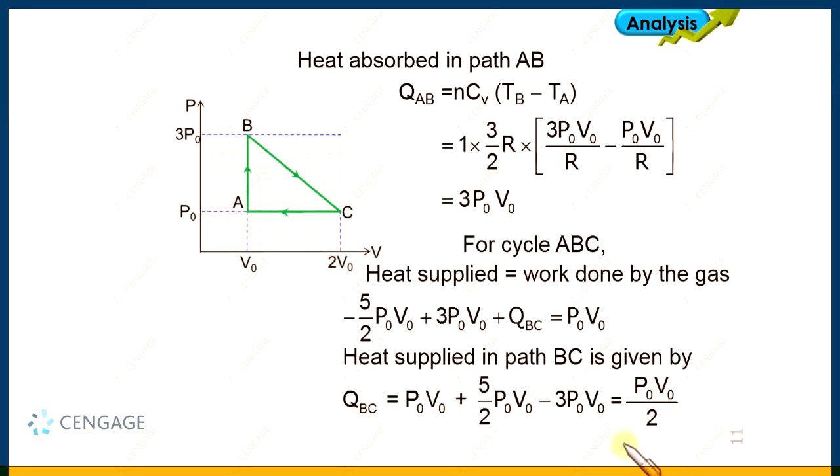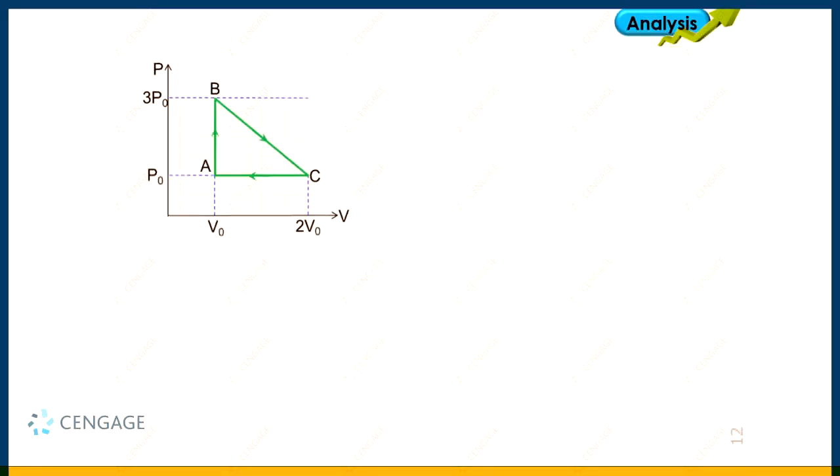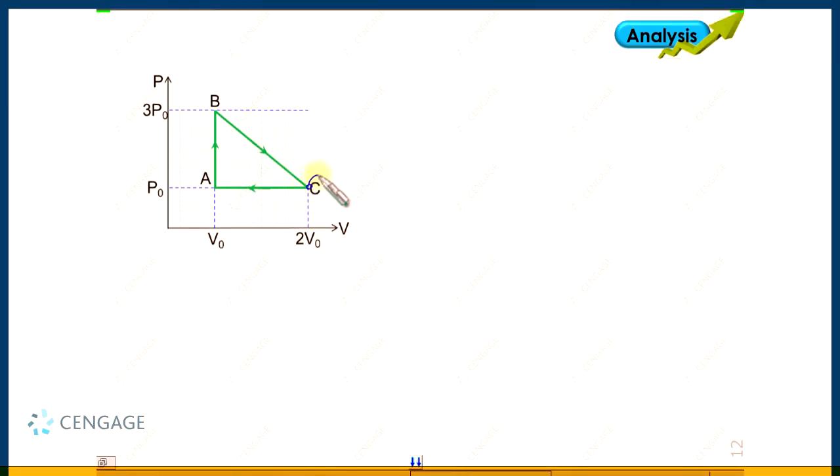Okay. Now, let us move to the last part of this question, that is the maximum temperature attained by the gas during the cyclic process, right. We know the temperature at this position is equal to P naught 2 V naught divided by 1 multiplied by R, because n equal to 1.